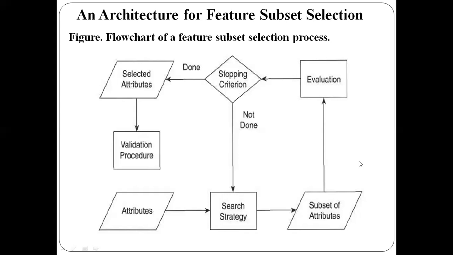The measures used in the evaluation part of feature subset selection differ between the wrapper approach and the filter approach. Based on these two approaches, the measure used will be different. In case of the filter approach, the measures predict how well the actual data mining algorithm is going to perform on a given set of attributes.